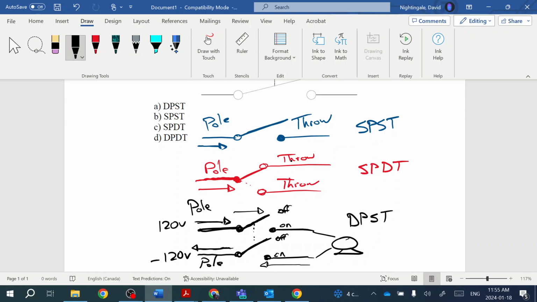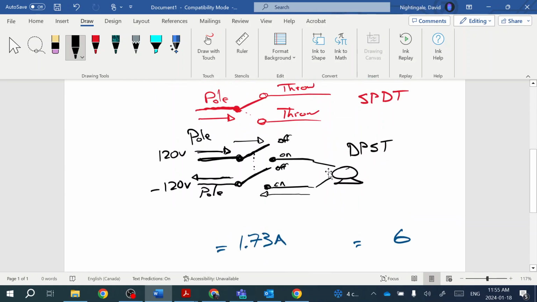But because we're dealing with two hots rather than a neutral, a grounded conductor, code says we have to open up both those live circuits, both those live conductors.